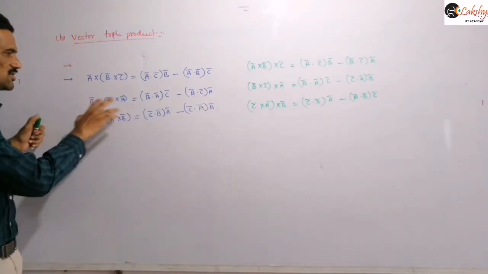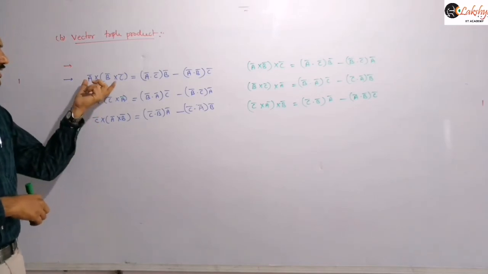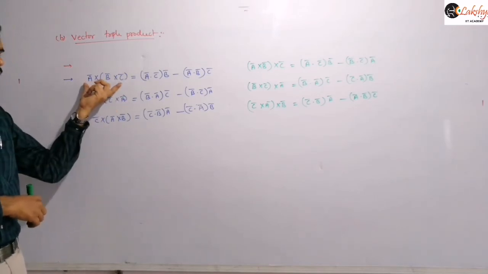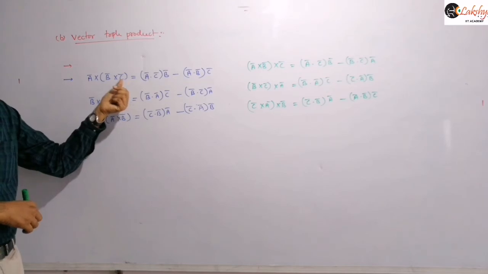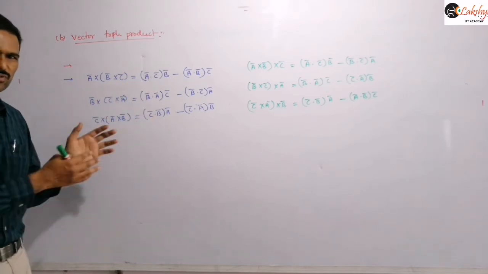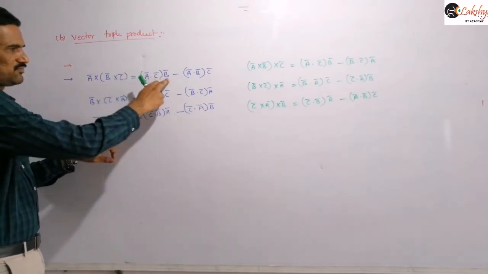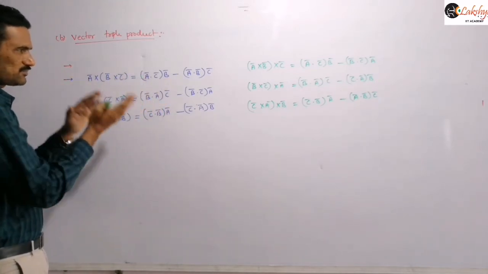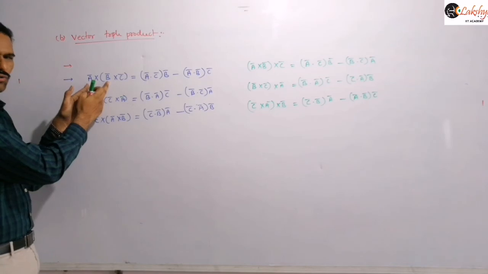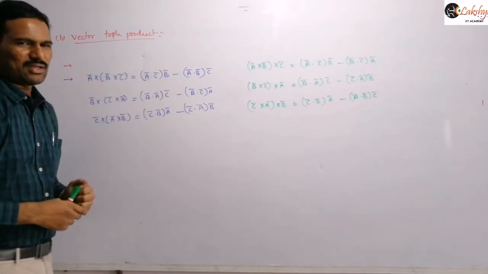So in the vector triple product formula, first we write the dot product of the first vector and last vector, into the middle vector, for example B bar. Next we write minus the dot product of the other two vectors into C bar, right?